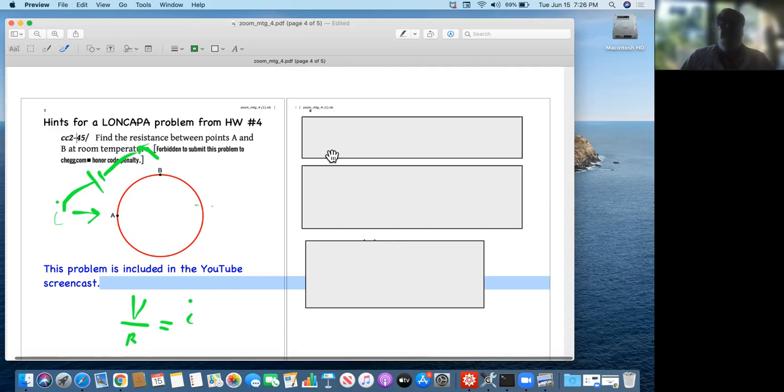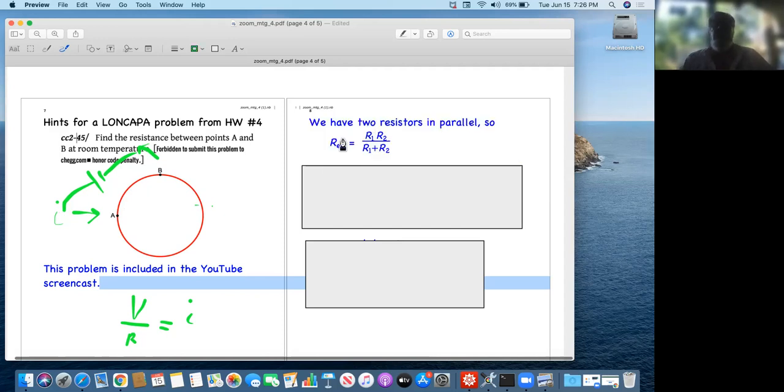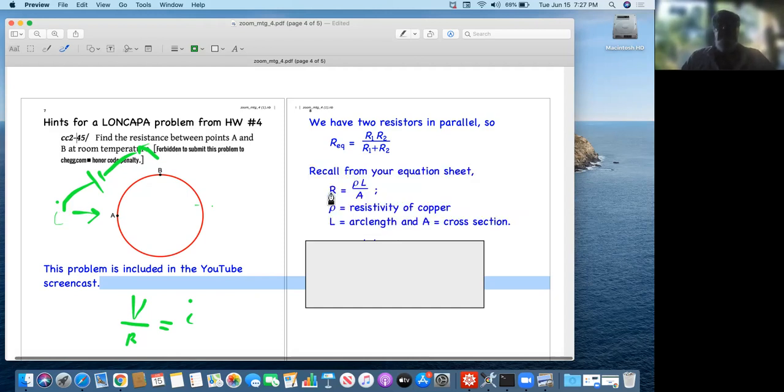So this is a problem where you have two resistors in parallel. So again, you should have memorized, or at least written on your equation sheet, the way to combine resistors in parallel. The resistance is R1 R2 over R1 plus R2. Now for R1 and R2, again, you'll need the equation from your equation sheet.